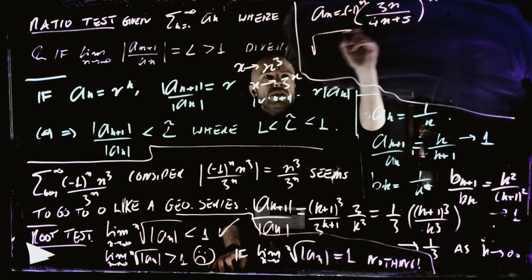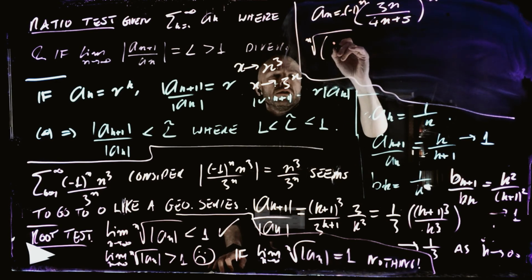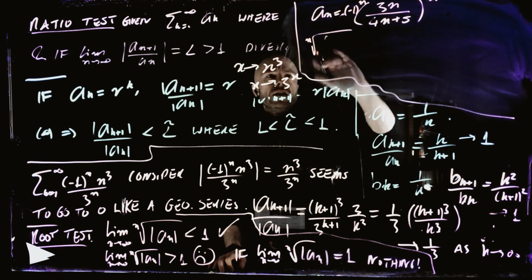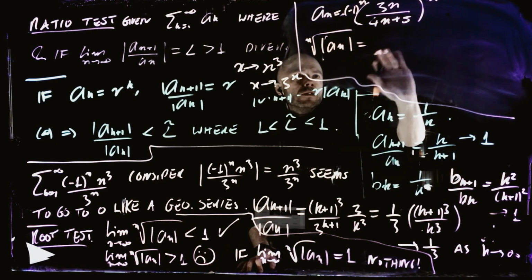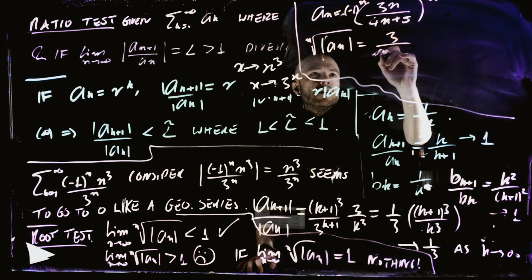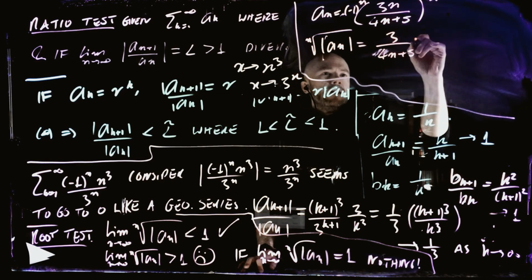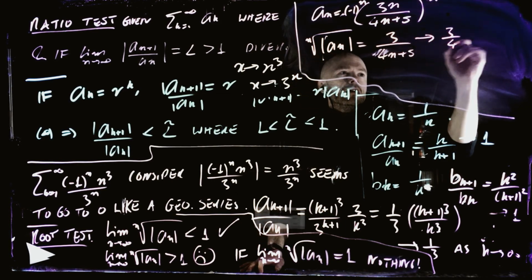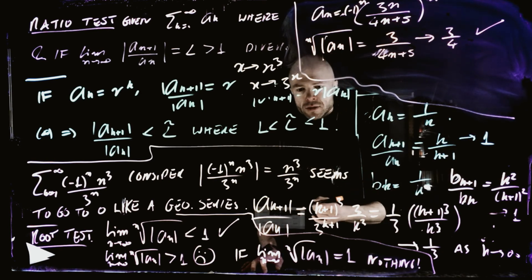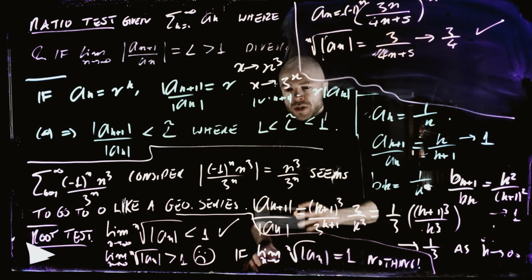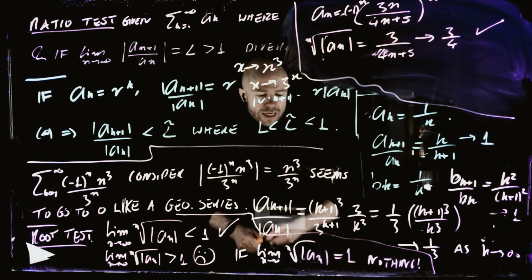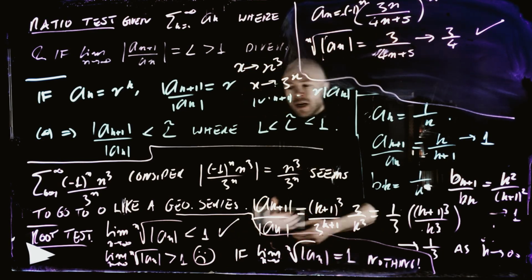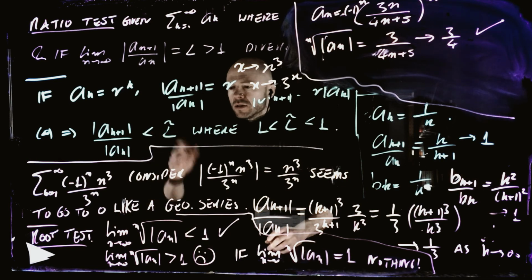Then if we do the nth root of the absolute value of a_n, then we get something rather simple. We just get 3n over 4n plus 5, which tends to 3 over 4, which converges. Yeah? So unless you have something where taking the nth root makes a rather simple expression, it's unlikely that the root test is better to use than the ratio test.